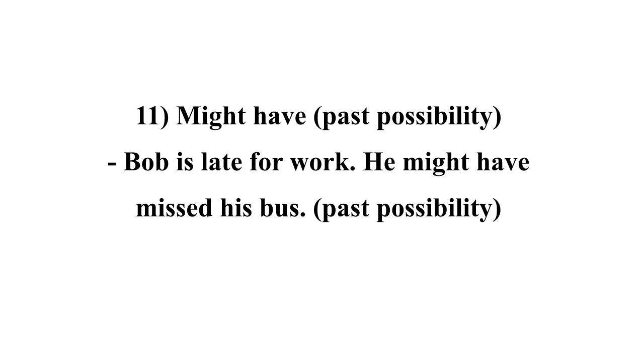Might have is a past possibility. That means it's possible something happened in the past. That's what we mean by past possibility. So, Bob is late for work. He might have missed his bus. So, we're trying to come up with the reason why Bob is late for work. It's possible he missed his bus.